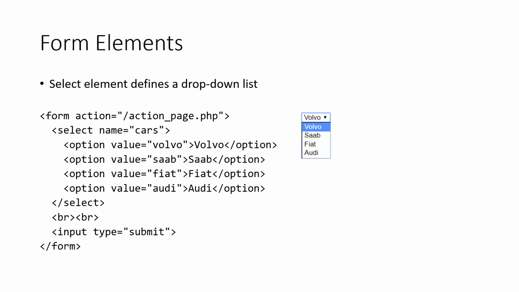The next one, actually, you can use form elements. In this particular case, when you want to select one or multiple things from a list that you already have. So for example, here we have cars, name is cars, option is the option for that particular item.